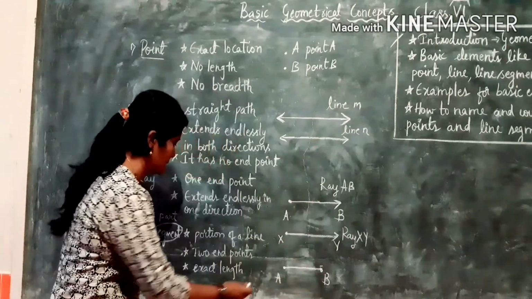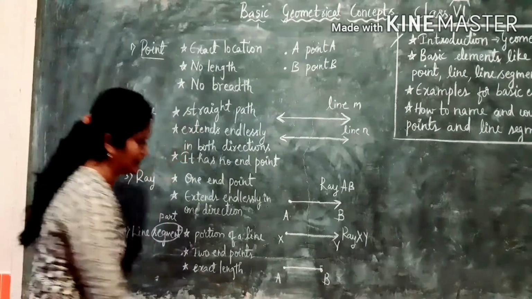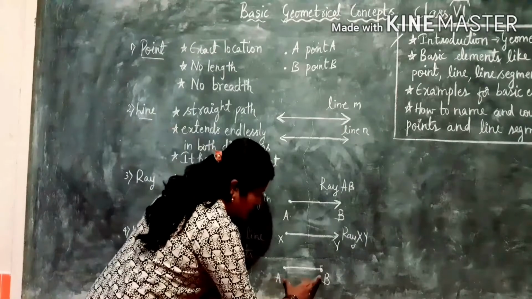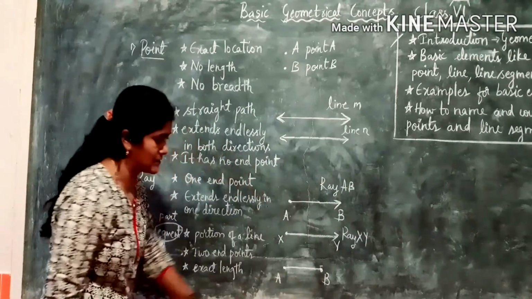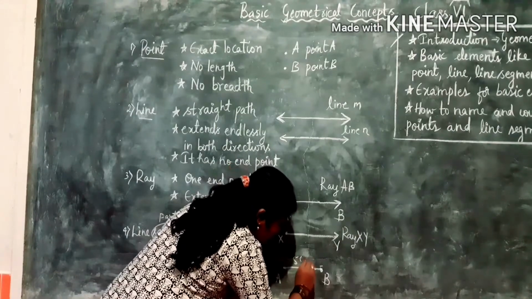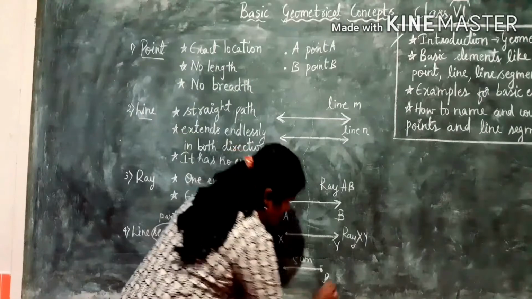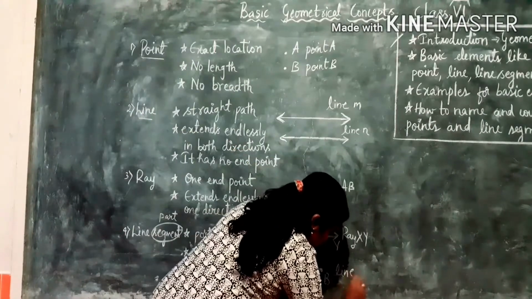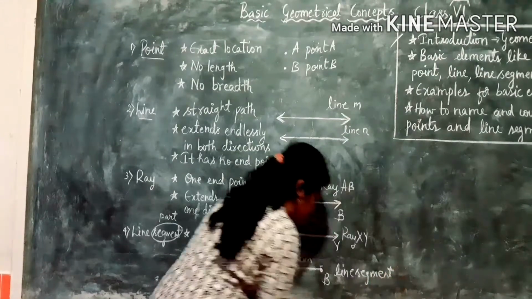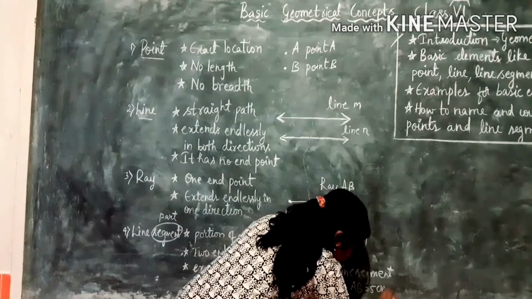So here line segment is a portion of a line and it has got 2 end points and it has got definite length, exact length it has got. Suppose if I take AB as 5 centimeters, then I can write this as line segment AB, which is equal to 5 centimeters.